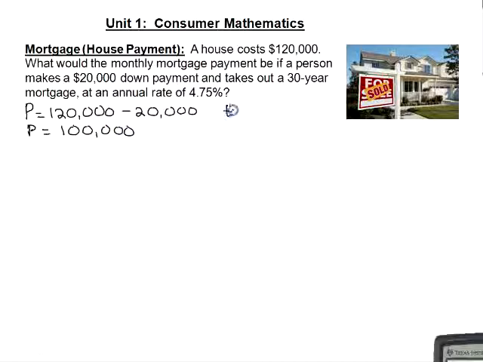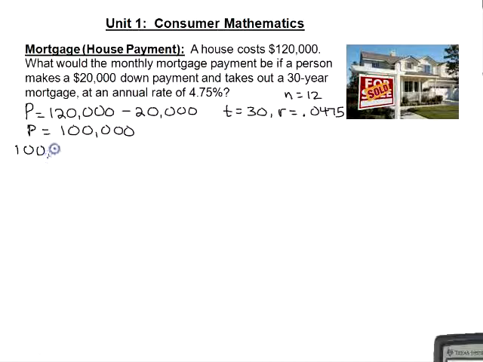We're taking out a 30-year mortgage, so T is 30. We have an annual interest rate of 4.75%, so R is 0.0475, and N will be 12. So let's substitute the values we have into the formula.